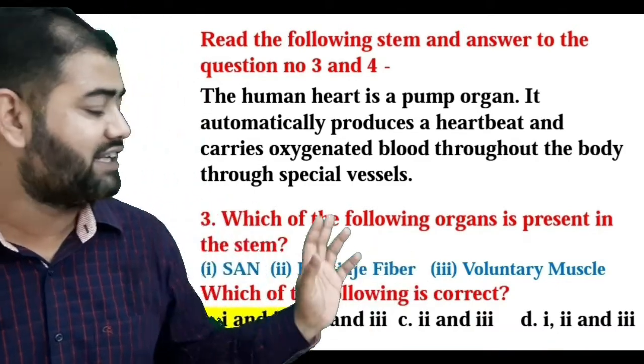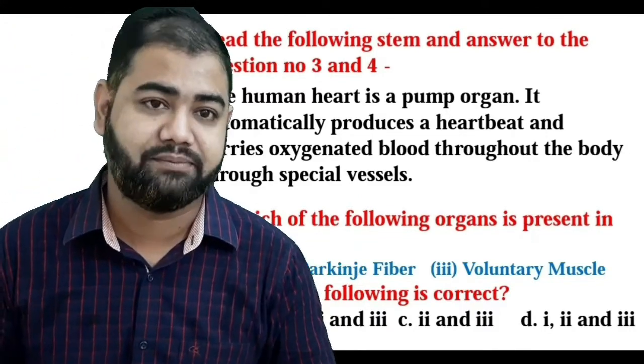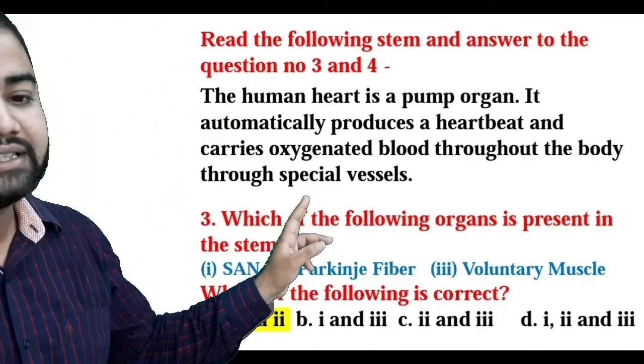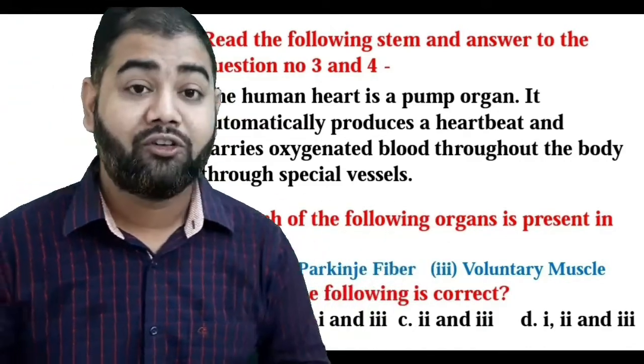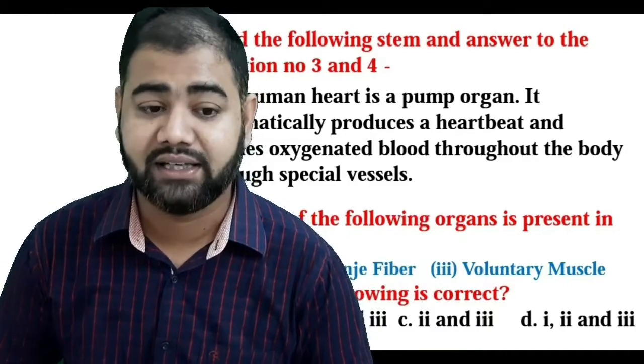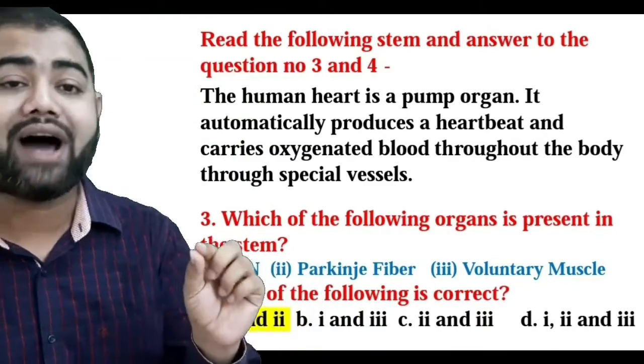Question number 3: which of the following organs is present in the stem? Option 1, SAN; option 2, Purkinje fiber; and option 3, voluntary muscle. The correct answer is option A, 1 and 2.